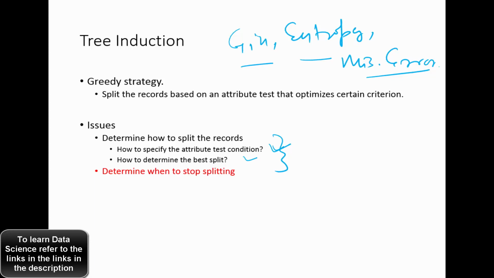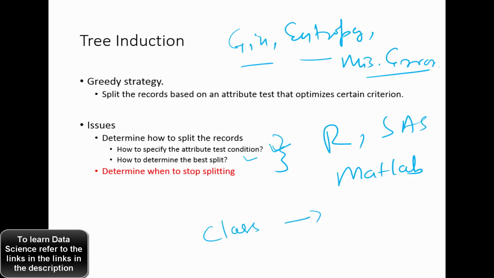Of course, nowadays you don't have to do all these things because the computer gives you. If you're using R, SAS or MATLAB, you don't have to calculate Gini, entropy and misclassification. It calculates it for you. All you need to do is give your class variable or target variable, and give attribute 1, attribute 2, attribute 3, and it's going to give you the final tree.